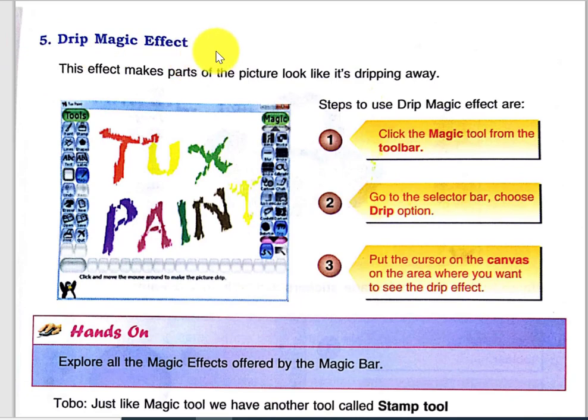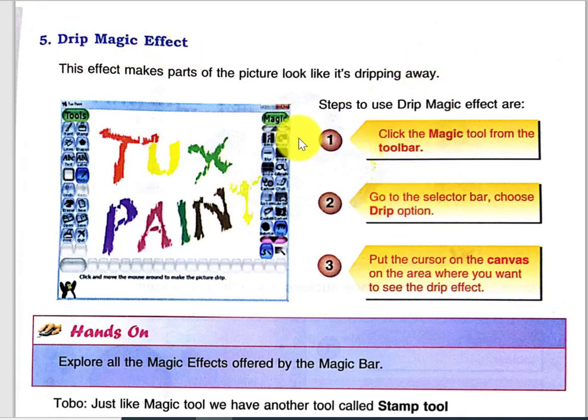Drip magic effect. This effect makes part of the picture look like it is dripping away. How to do this? Steps are: click on the magic tool from the toolbar. Listen, all five tools are from the magic toolbar. Now we are studying the magic toolbar effects. The fifth one is the drip magic effect.